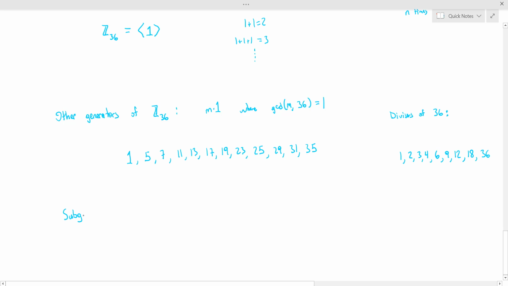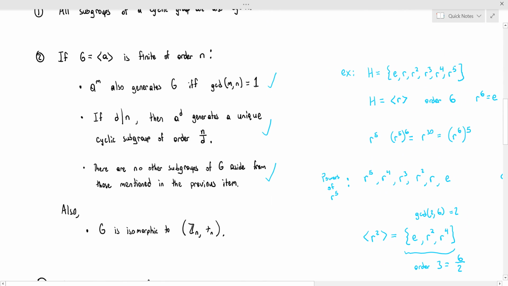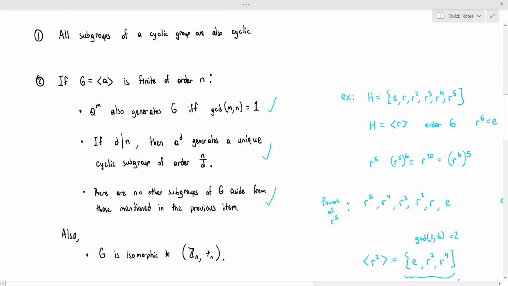And then what are all of the subgroups of Z36? So according to this theorem, the subgroups are going to be cyclic subgroups generated by a to the d, where a is your generator and d divides n.